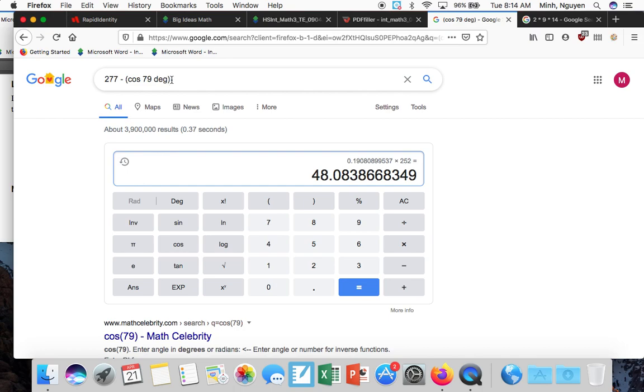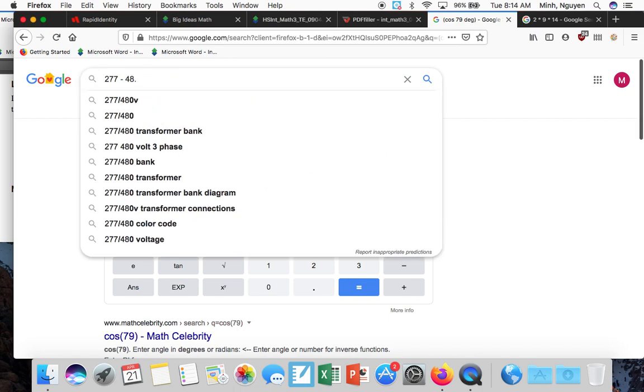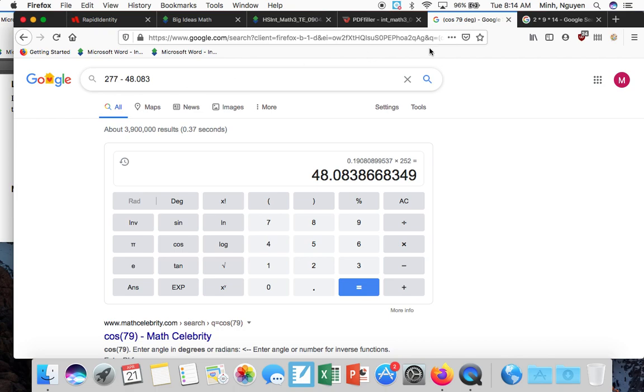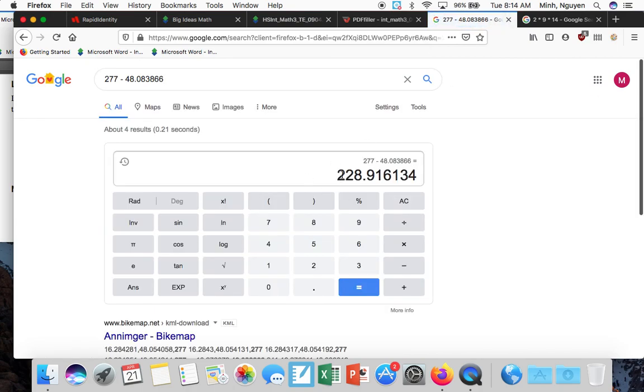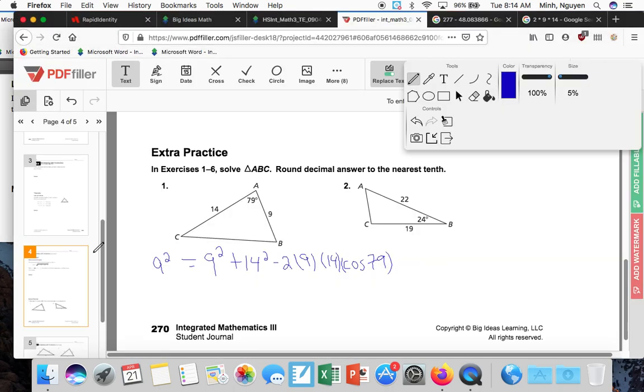So 277 minus 48.083866, we end up at 228.916. A squared equals 228.916.